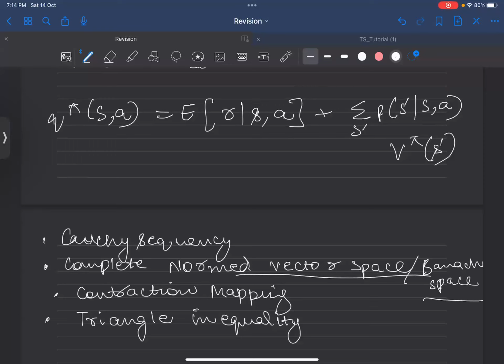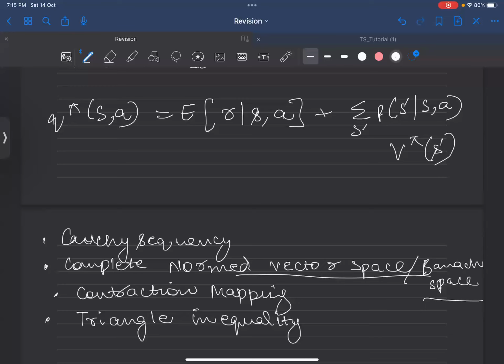If every Cauchy sequence is convergent, then the vector space is called complete. A Cauchy sequence in this space converges to a limit that is also within that space only. That is basically called a Banach space or complete normed vector space.